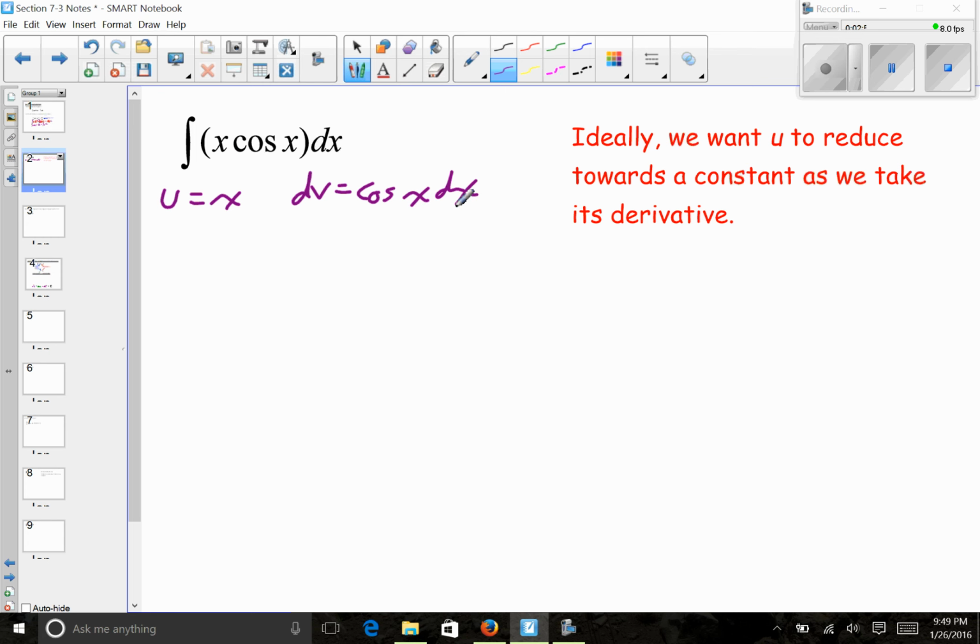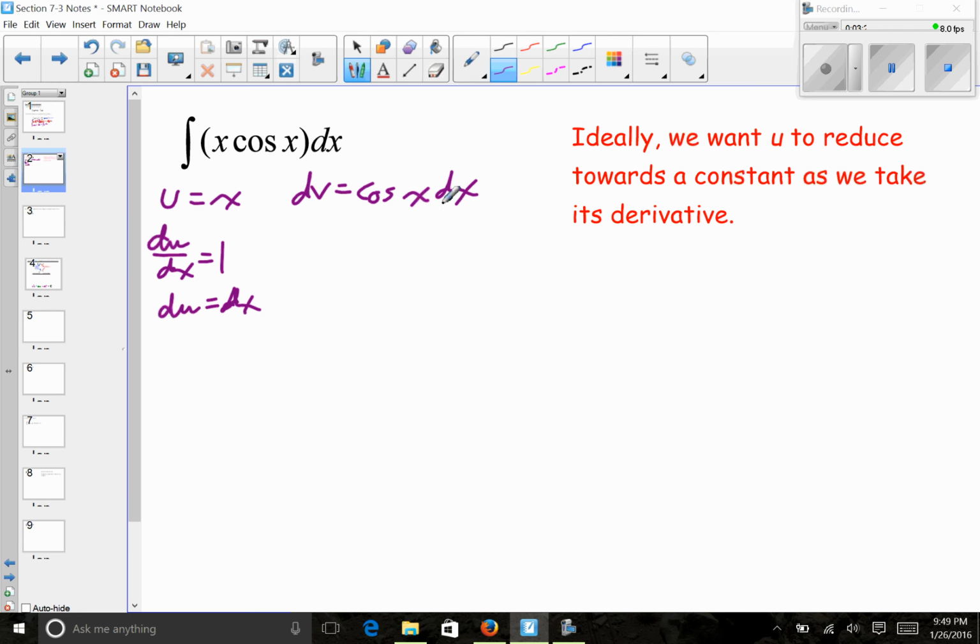To figure out this integral by doing integration by parts, I need to know what du dx is, in which case that's 1, and then isolate du. And that's backwards from when we do substitution, when we isolate dx. When we're doing integration by parts, we want to isolate du.